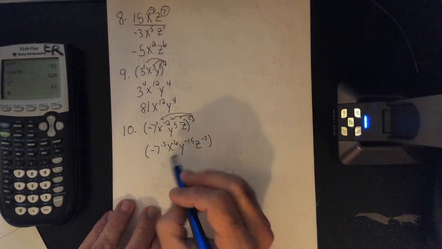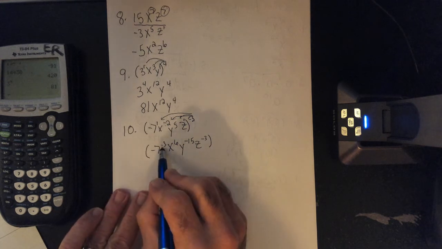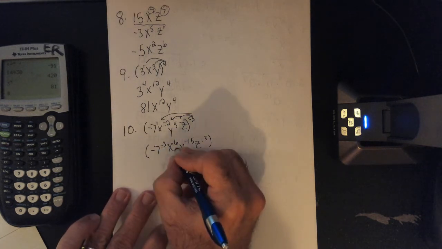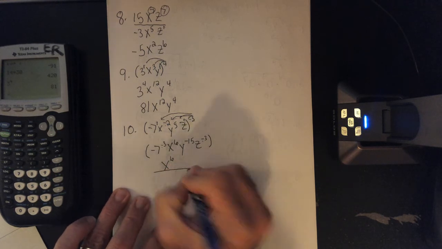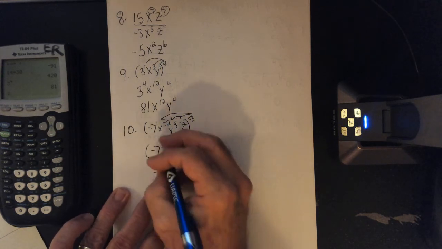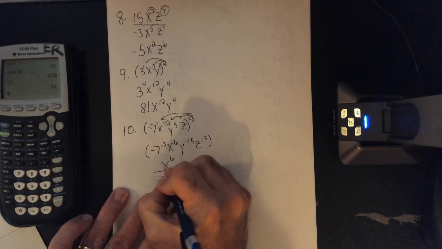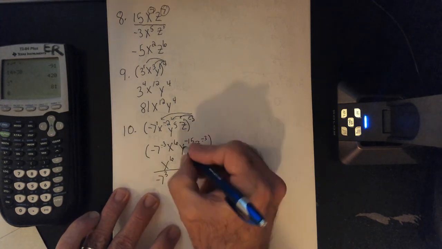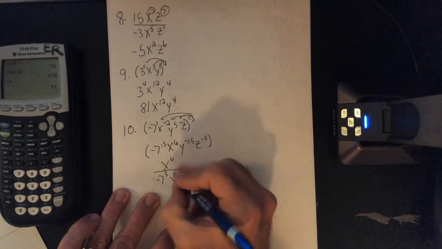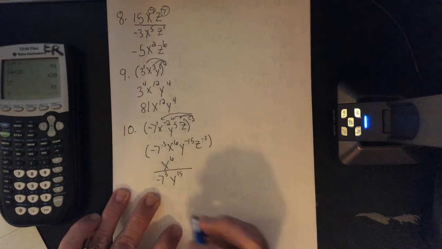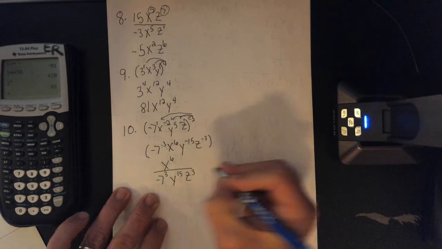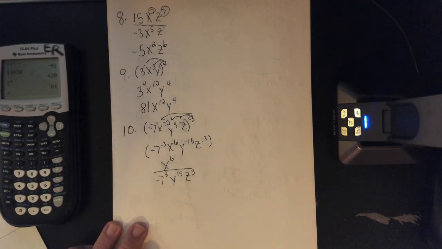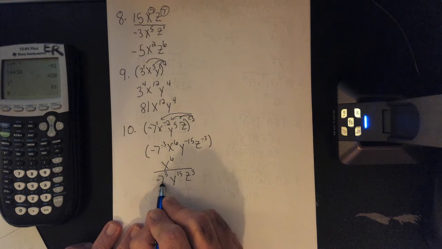Alright, if it's got a negative exponent, I'm going to put it on the bottom. So the x to the 6 is the only thing with a positive exponent, so it's the only thing staying on top. The negative 7 moves to the bottom, and the exponent becomes positive. The y moves to the bottom, and the exponent becomes positive. The z moves to the bottom, and the exponent becomes positive. The only thing we can do now is figure out what this part equals.